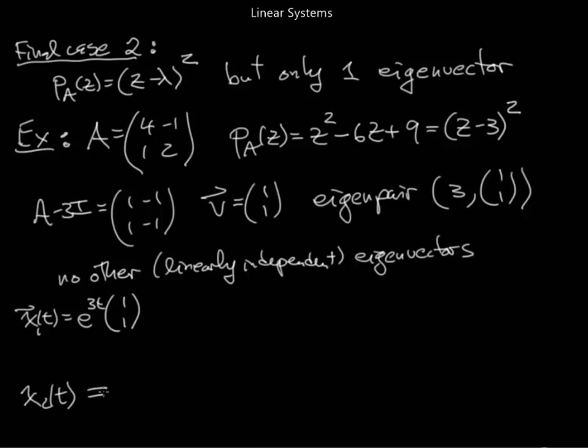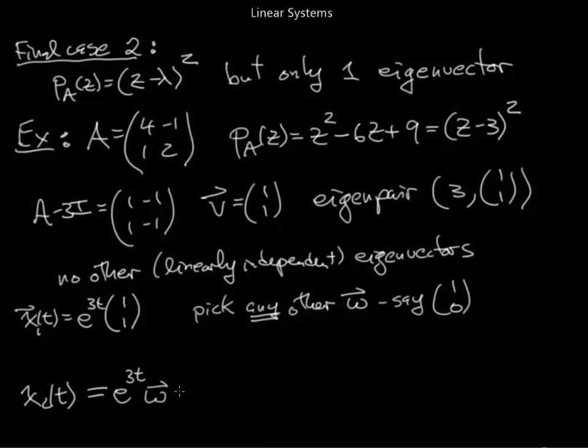Well, it turns out this is the one tricky part of this whole presentation. In this case, what you do is you pick any other vector w besides 1, 1. So, for example, just take 1, 0, as long as it's not a multiple of 1, 1, as long as it's not a 3 eigenvector. And then there's the following formula. You take e to the lambda t times that vector.